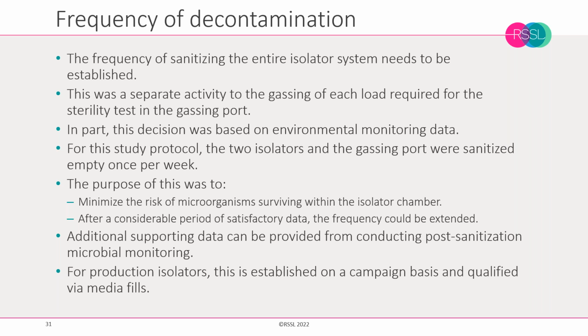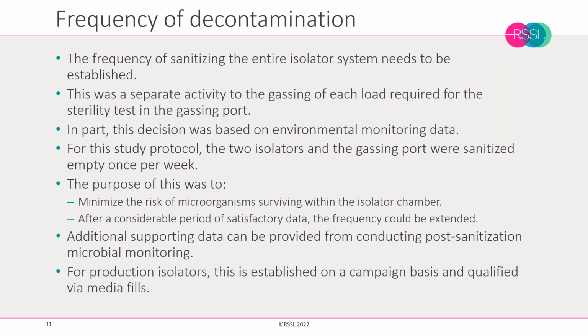So if we have the separate gassing port concept and we're transferring in, we may be able to do the main isolator once a week. If we're loading everything into one compact isolator, then we might do that each time. And all those kind of choices are going to come down to the degree of confidence, the degree of maintaining integrity, and how long cycles take as well, and how that fits into production or laboratory work streams.